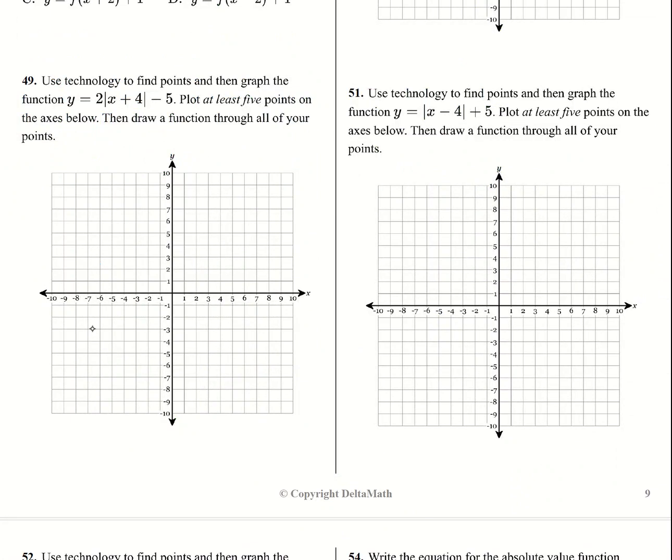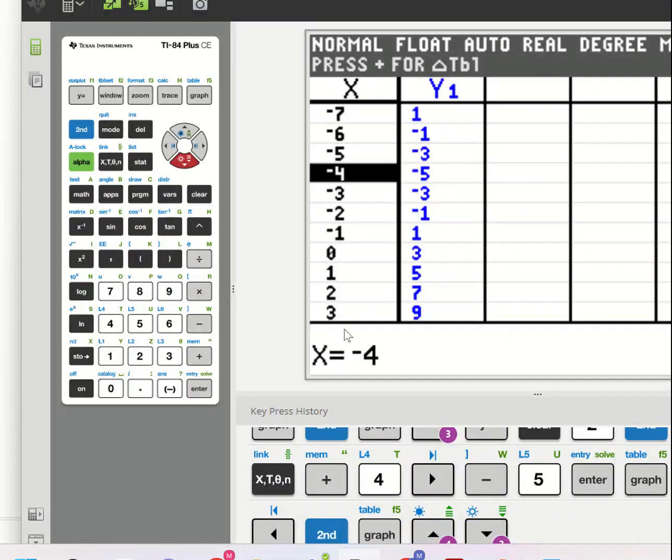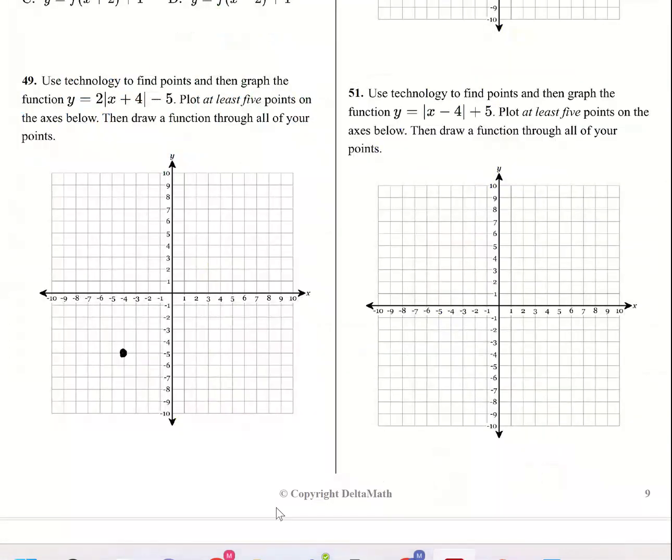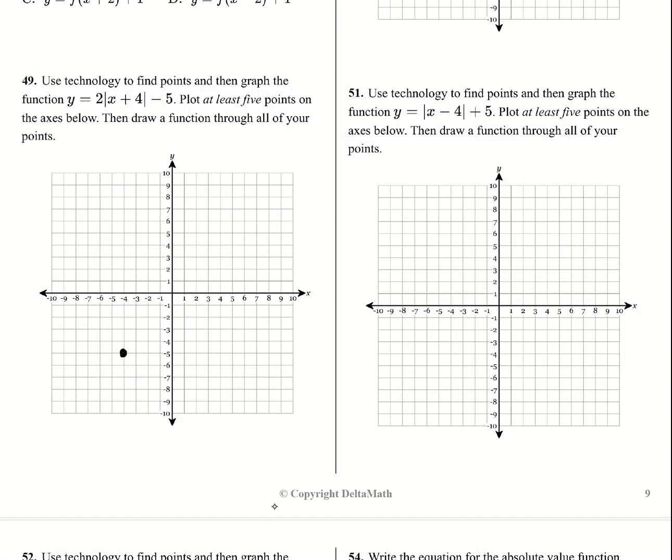And then we can do the points around it. So that would be -5, -3 and -3, -3.